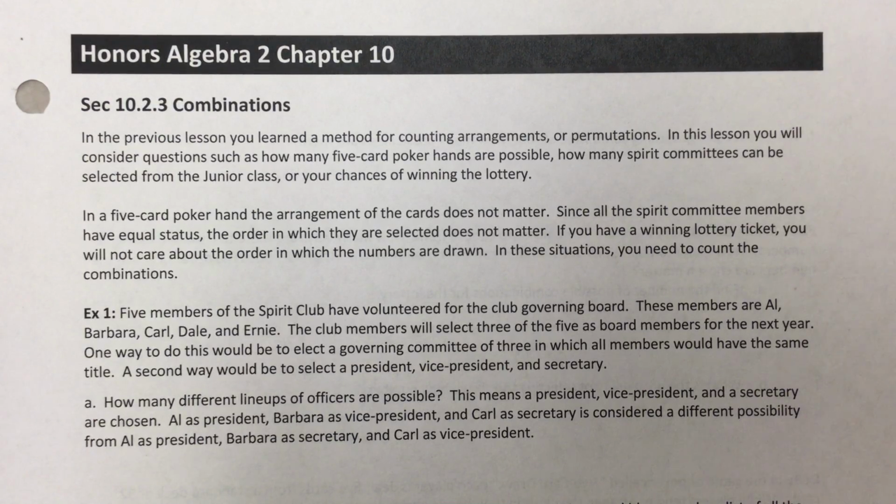A second way would be to select a president, vice president, and secretary. Part A says how many different lineups of officers are possible. This means president, vice president, and secretary are chosen. Al is president, Barbara is vice president, Carl is secretary is a different possibility from Al president, Barbara secretary, and Carl vice president.